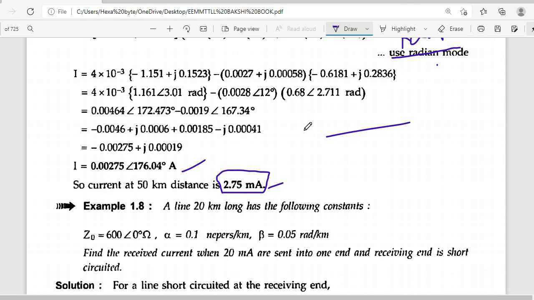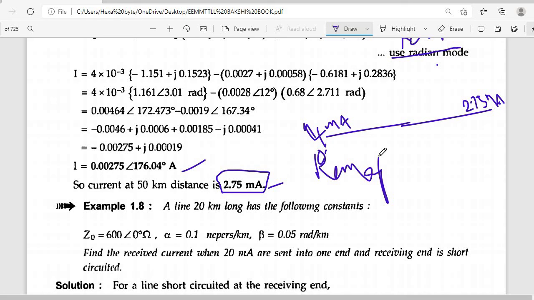Sending is 4 milliamps, receiving is 2.75. Where is the remaining current? Can you think about this remaining current?